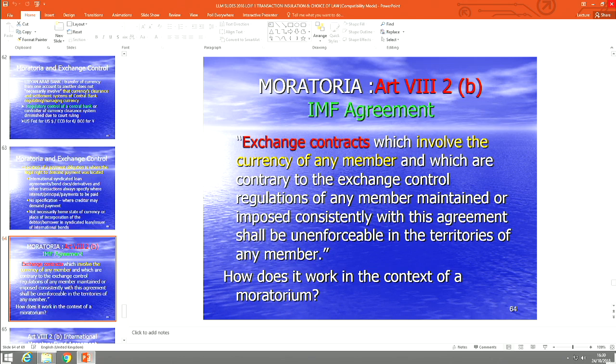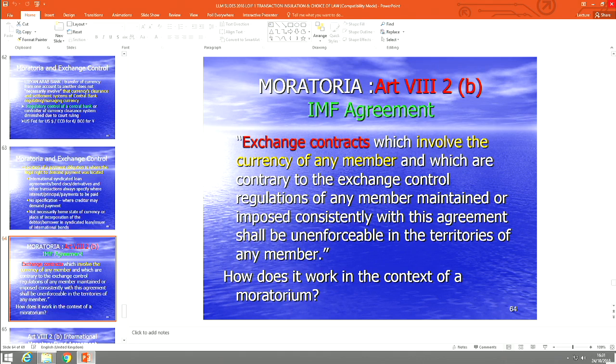It means, for example, that if you take a bond issue, payment obligations to be made in dollars, Argentina imposes a moratorium and says, no payment obligation shall be complied with, no payment shall be made in dollars. Now you've got to start looking at Article 8.2b. You've gone through that palaver about place of performance and governing law, and you said, no problem. Argentine corporations must pay. And then an Argentine will say, hang on, how about Article 8.2b of the IMF agreement?